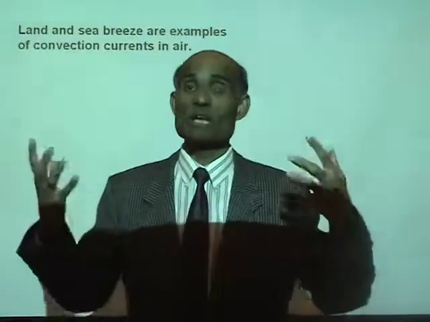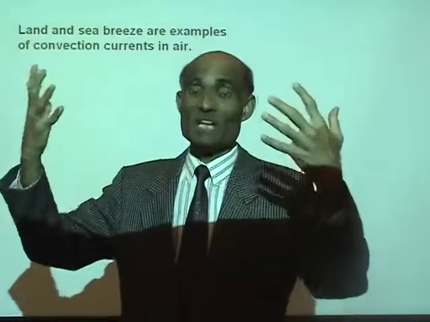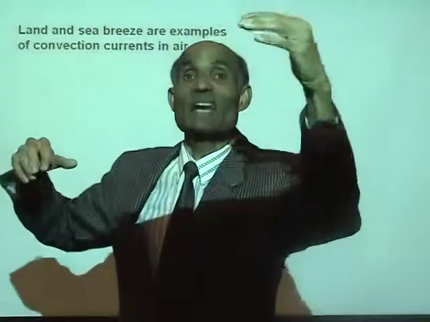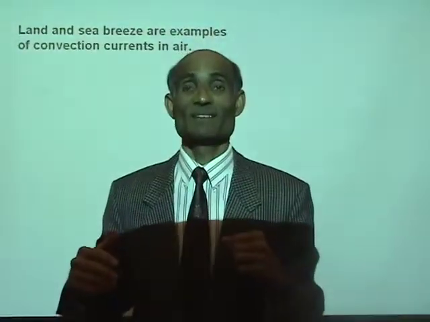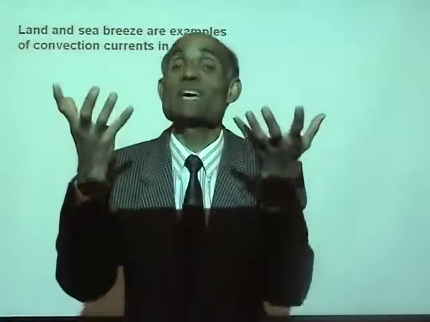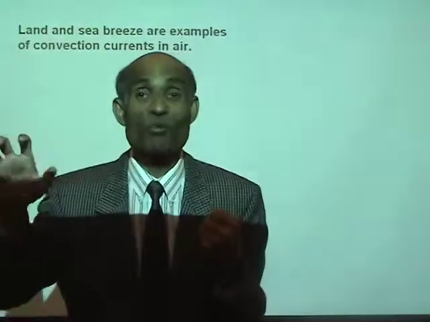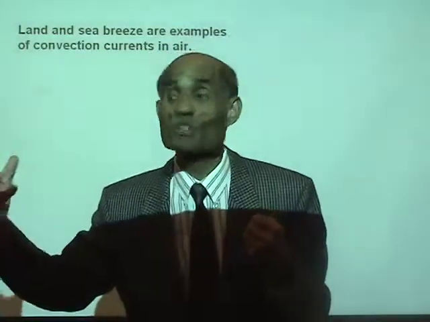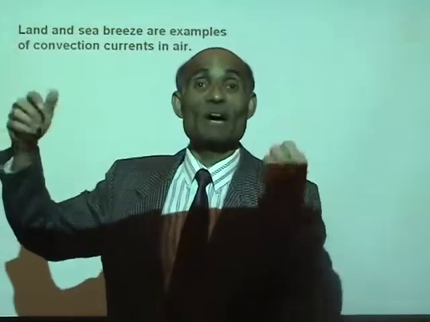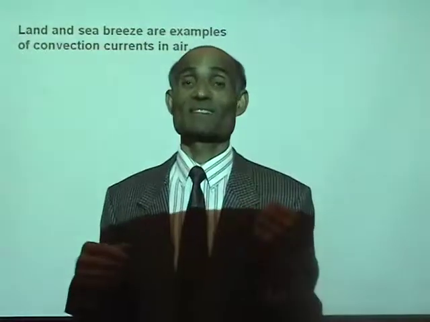Therefore, tell me, during the morning when the sun comes up, the heat from the sun falls on the sea as well as on the land. So, tell me which of them will get heated faster? Because the specific heat of water is very high, water will take a very long time to warm up. Whereas land will become hot very fast.